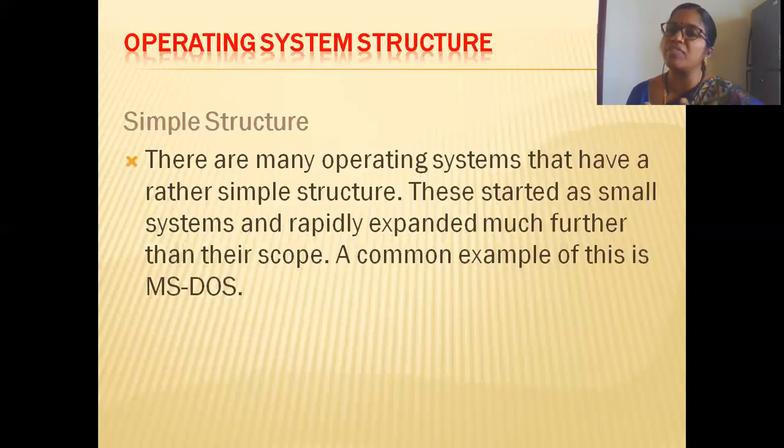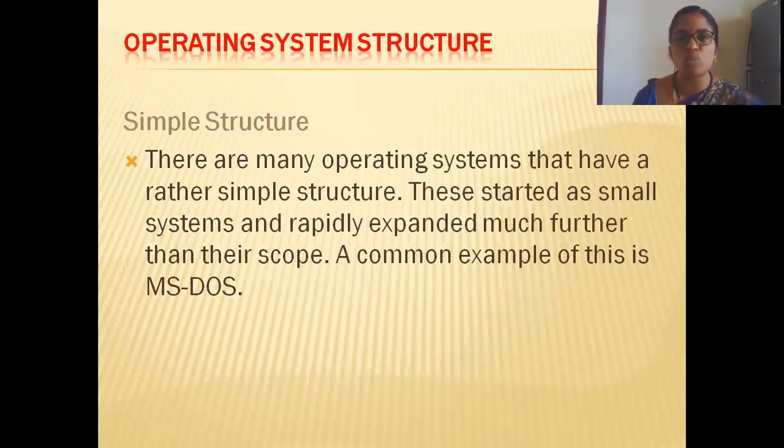So based on the different tasks incorporated for an operating system, it is designed in smaller chunks, which are nothing but the modules. So it is divided into different modules. Based on how our operating system is implemented, we have different types of structures mentioned here.